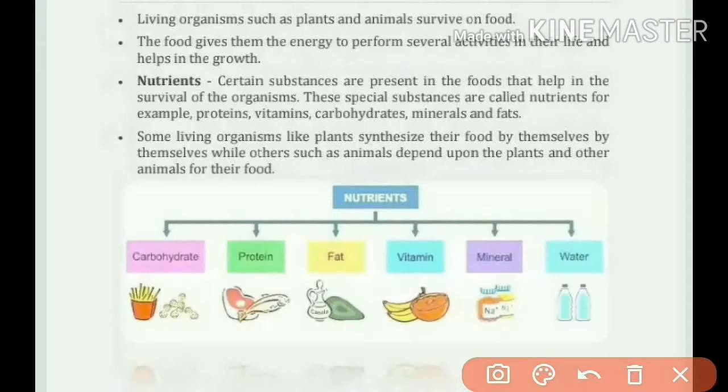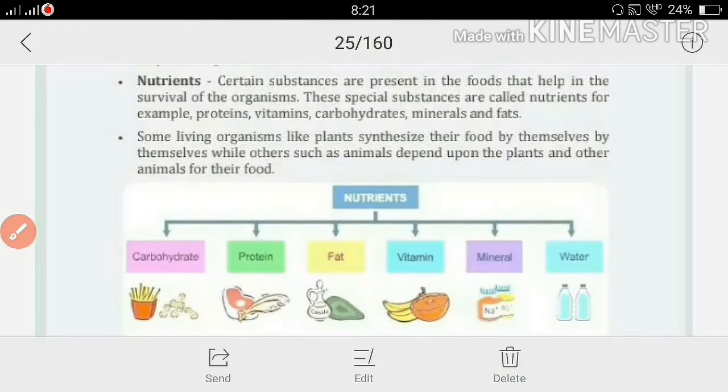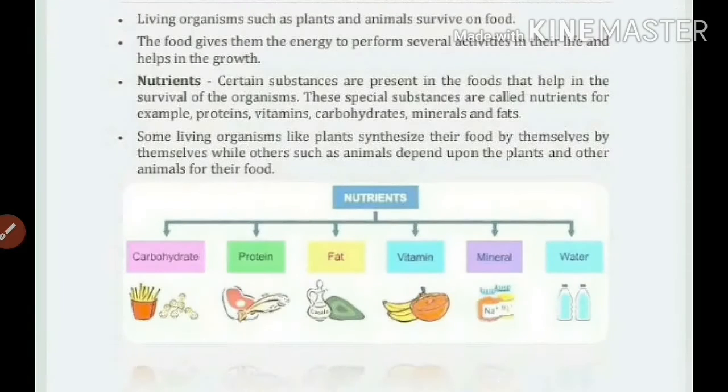So now let's know how minerals help our body. Like vitamins, minerals also keep our body healthy.